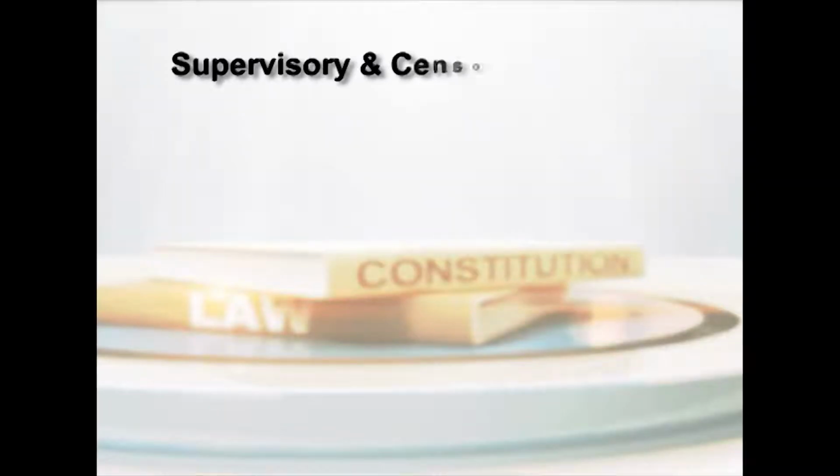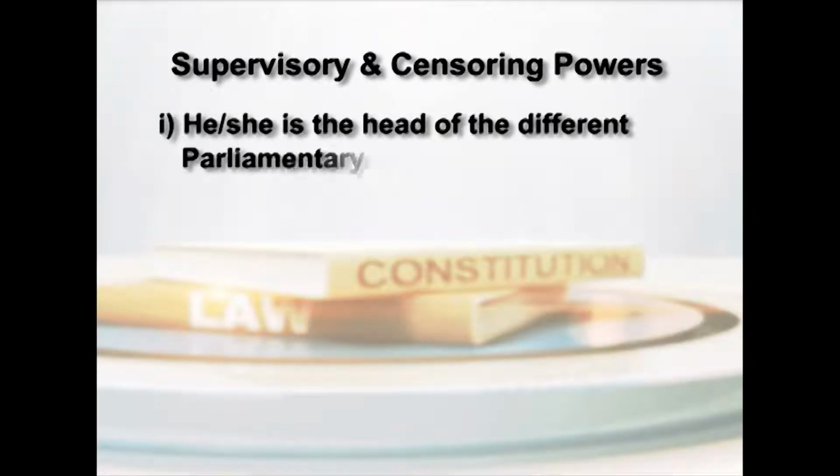Now let us see the supervisory powers of the Speaker. Allied to the regulatory powers, there are certain supervisory and censuring powers of the Speaker. The Speaker is the head of the parliamentary committees. The Rules Committee and the Business Advisory Committee function under the chairmanship of the Speaker.